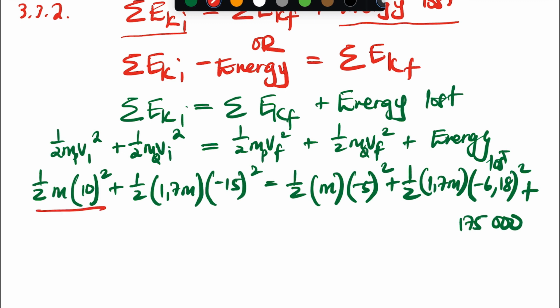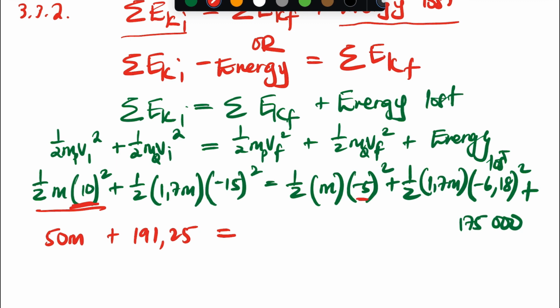So the math here, this is 100 times half, so it's going to be 50m, and then when you punch that entire thing in the calculator, if you say half multiplied by 1.7 times by 15 square, this is going to be 191.25, and then the answer from that side.